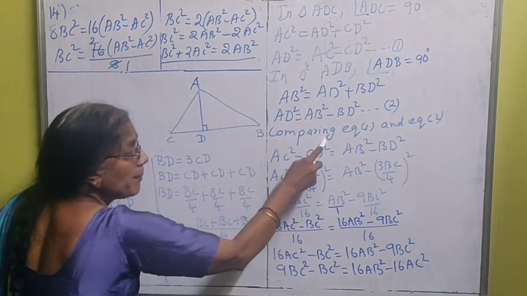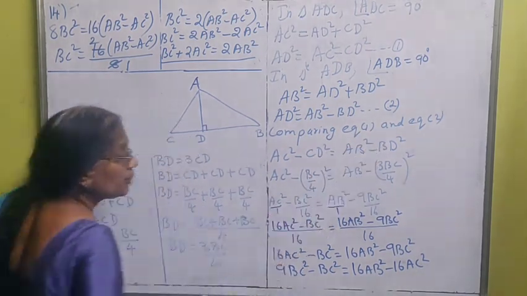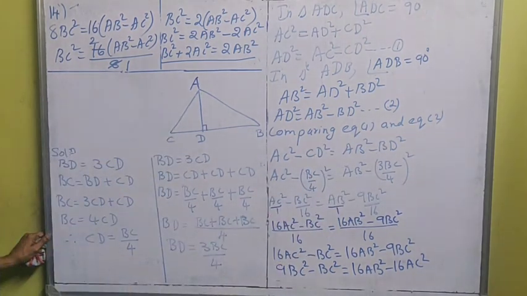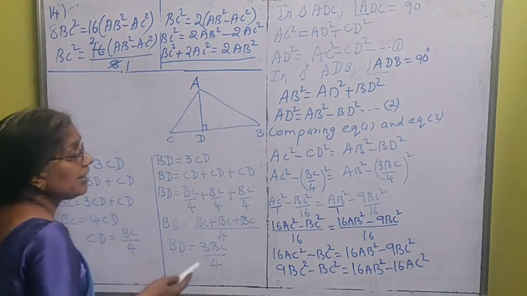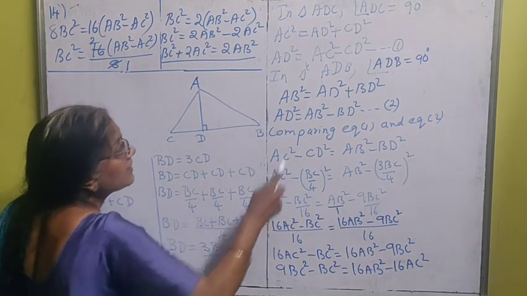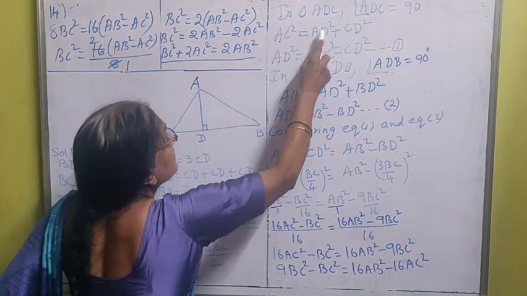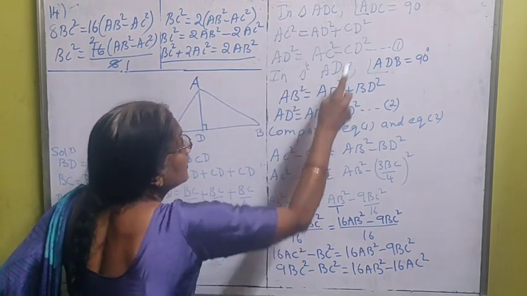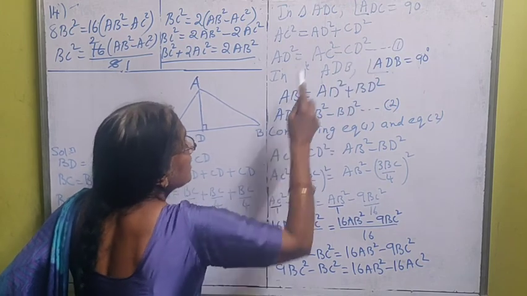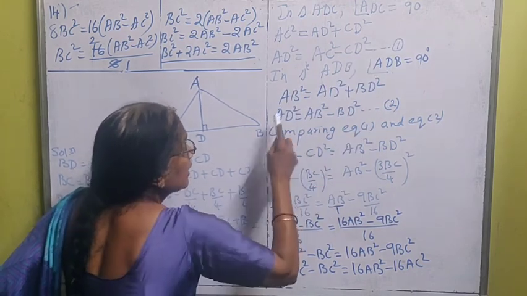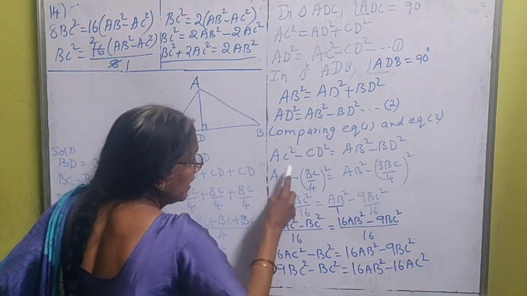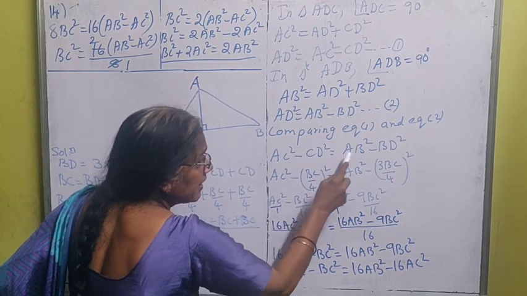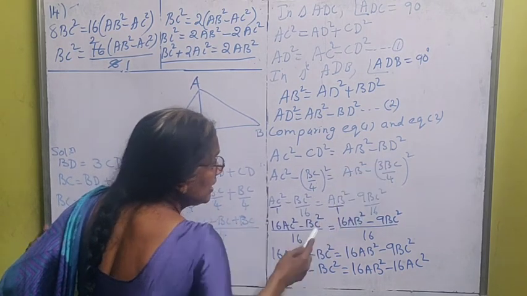I am going to compare equation 1 and equation 2 on the basis of Axiom 1: things which are equal to the same thing are equal to one another. Means the right-hand side of the first equation, AD², will become equal to the right-hand side of the second equation, AD². So AC² minus CD² is equal to AB² minus BD².